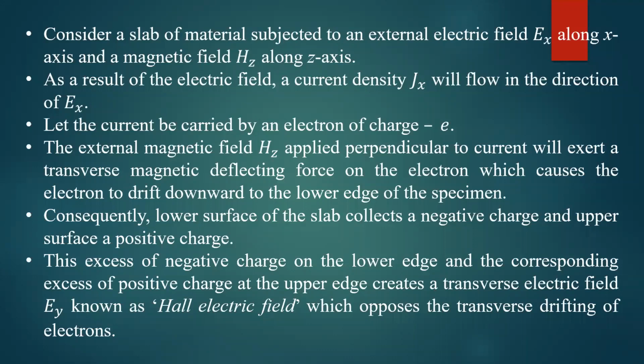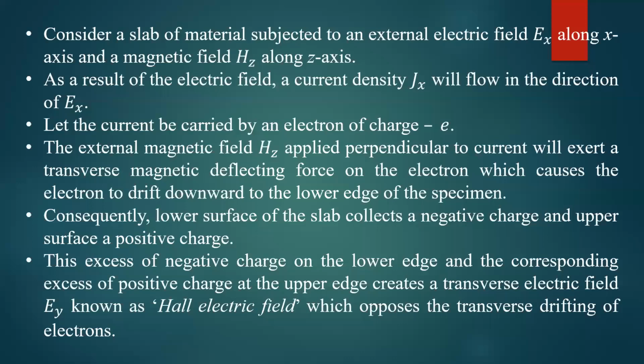So there will be competition. The applied external electric field Ex will push the electron along x direction. The magnetic field will create a transverse electric field Ey, which is called the Hall electric field, along y direction. And these two will interact. Because of that, there will be slowdown of electrons.